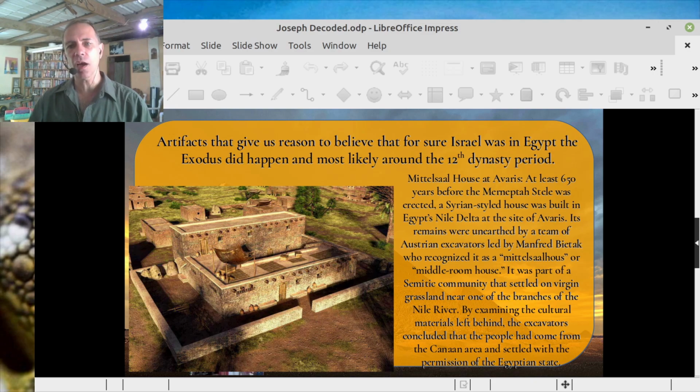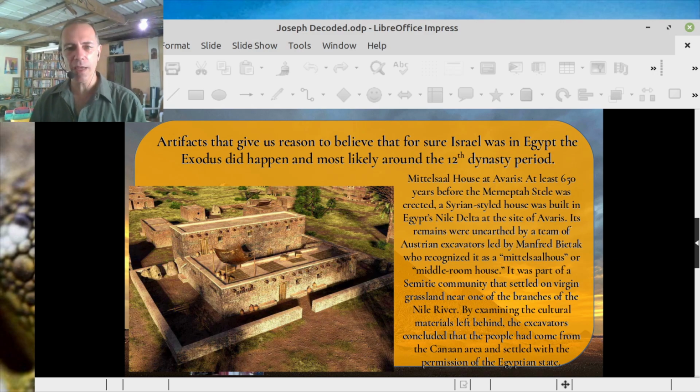And so in this Avaris area, which is a really fertile area, a place where you would naturally want to raise animals and also crops and whatnot, they've got this house. Actually, there's more than one out there now that they've uncovered. And these are houses that have a build style very distinct from Egyptian styles.